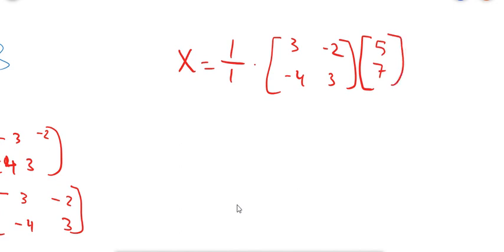Using the multiplication method, we multiply the row by the column. 1 over 1 is equal to 1, so there is no need for it.